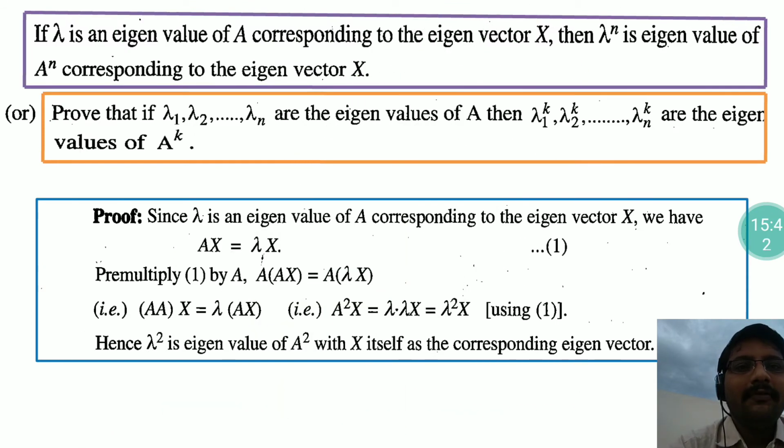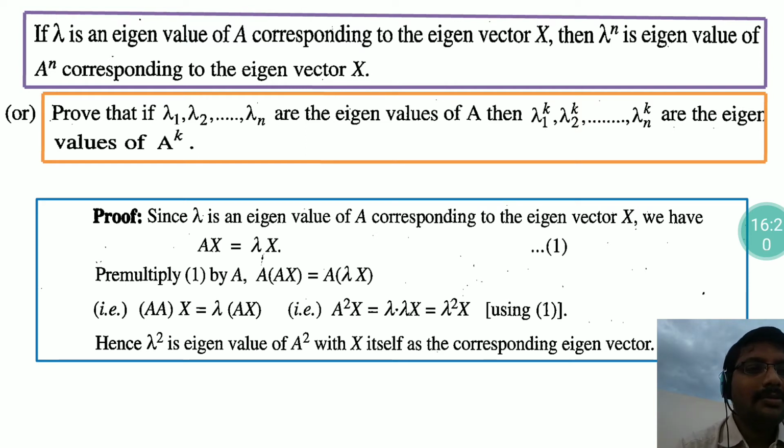Another theorem. If lambda is the eigenvalue of A corresponding to the eigenvector x, then lambda power n is the eigenvalue of A power n corresponding to the eigenvector x. The result is also given as: prove that if lambda 1, lambda 2 and so on lambda n are the eigenvalues of A, then lambda 1 power k, lambda 2 power k and so on lambda n power k are the eigenvalues of A power k.